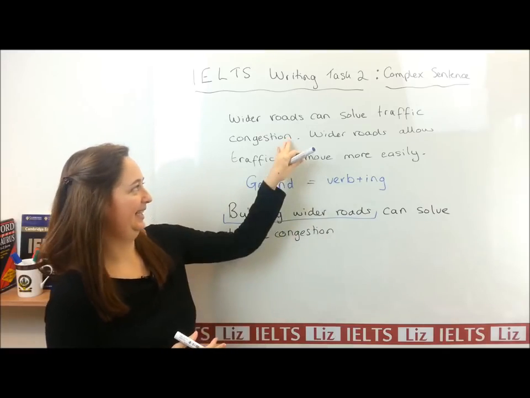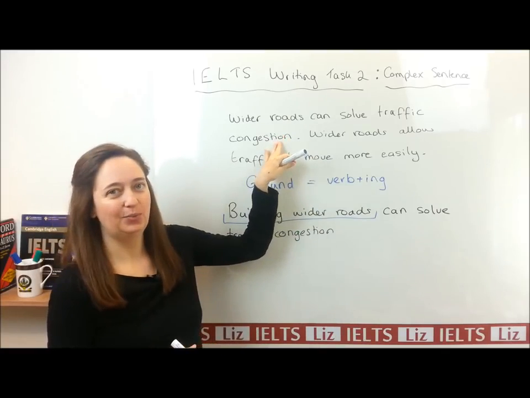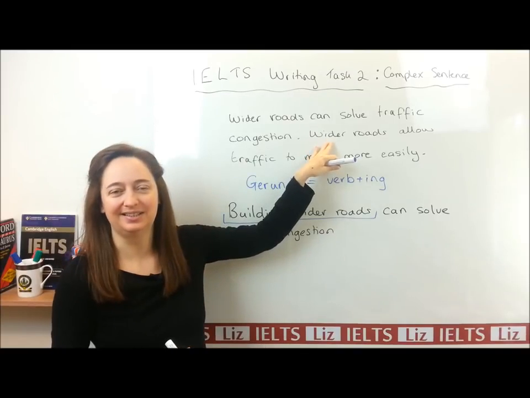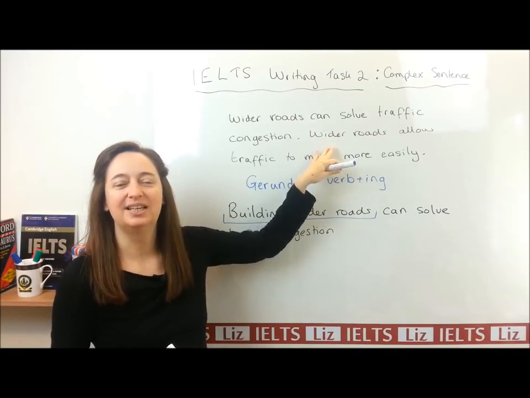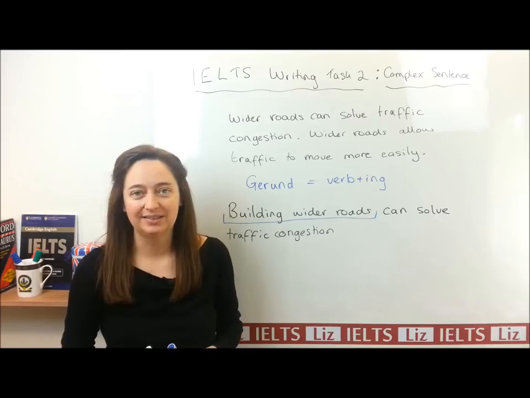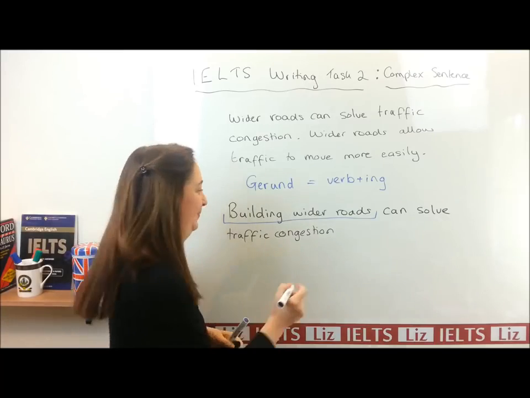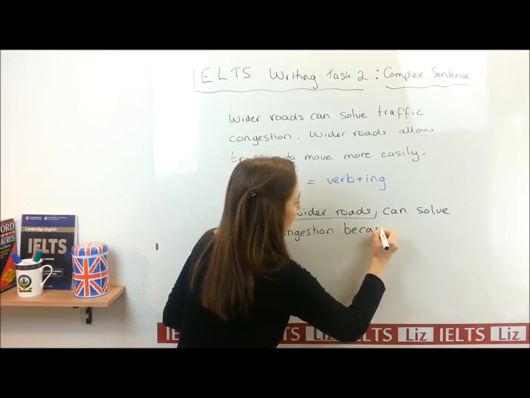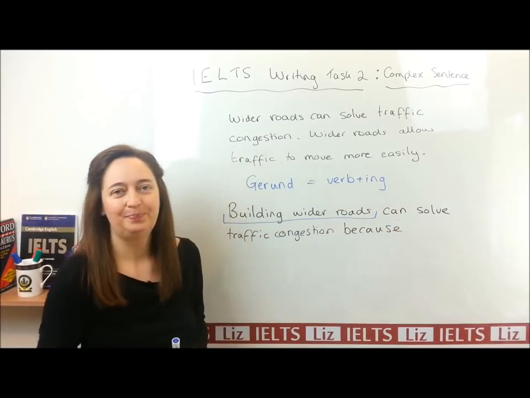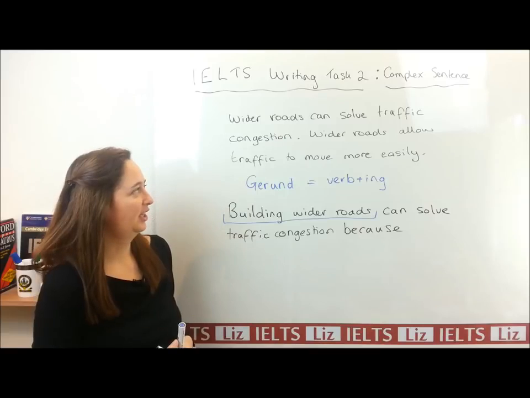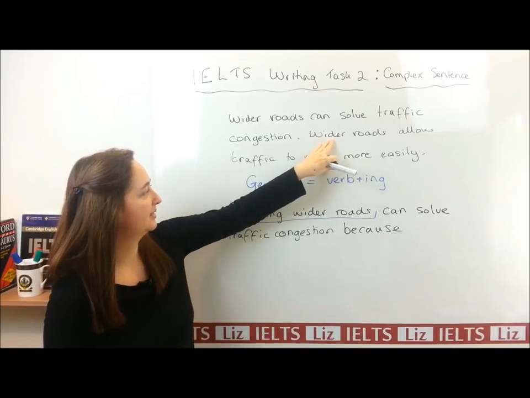Now, we need to link the first sentence with the second sentence. The second sentence is a reason for that. So the linker we can use is because. Because. After the linker, we need another subject.